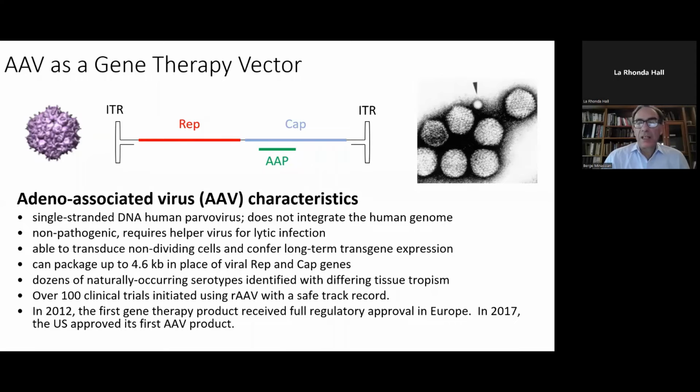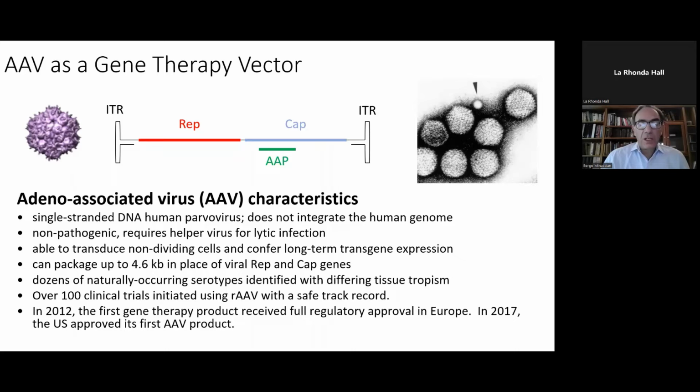This is a tiny little virus that was discovered as a contaminant of adenovirus preparations. This virus does not replicate, does not cause disease, and it has lived in humans as long as humans have existed. It is able to cross the blood-brain barrier. It is like the bacteria on your skin or in your guts. It lives with us and knows us, and we disregard it normally.